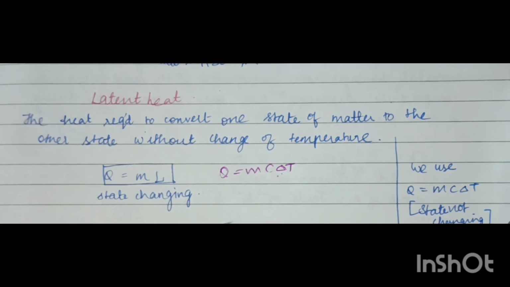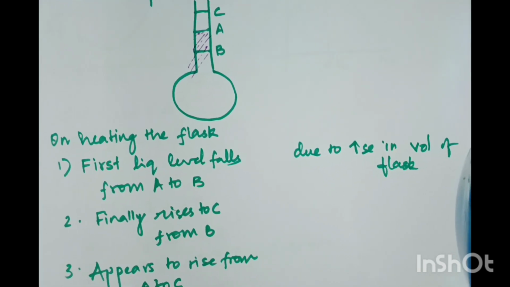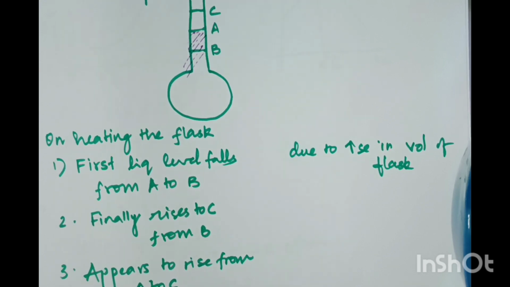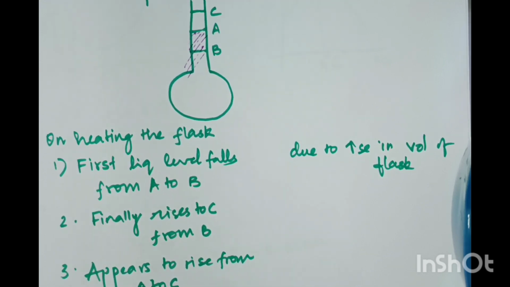Okay, let us see the thermal expansion in case of liquids. Here we are considering a flask in which the liquid level was initially filled up to the level A. Now we are going to heat the flask. On heating, immediately the volume of the flask will also undergo thermal expansion.